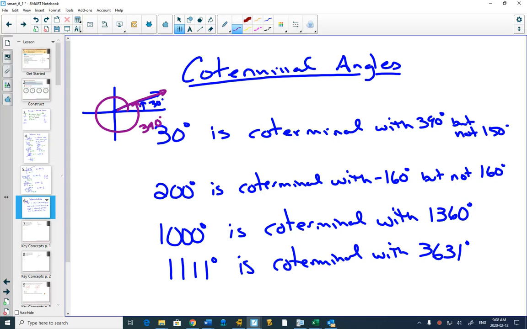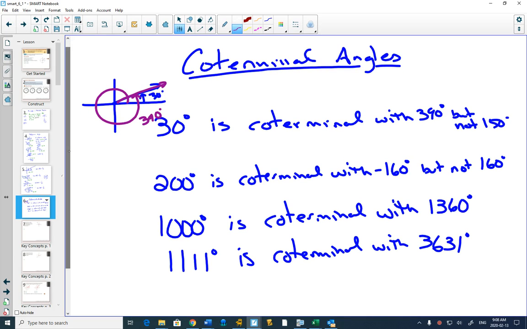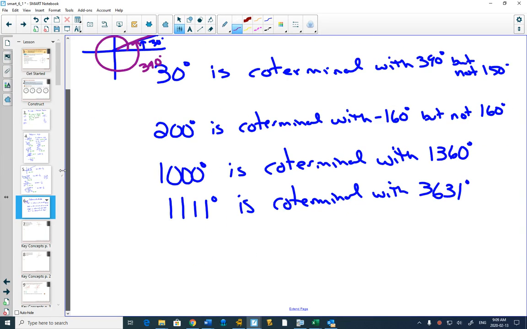Okay? We can simplify that definition by just saying they end at the same place. In fact, our definition is going to use another definition. Here we go.